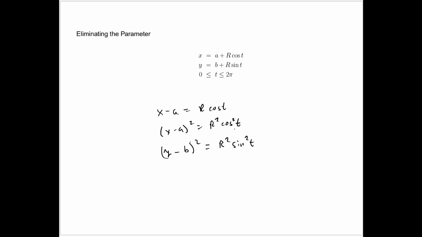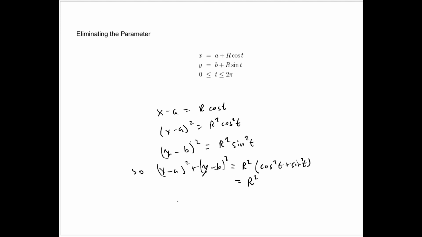And then there's this great relationship between cosine squared t and sine squared t, that their sum is always 1. So when we add (x minus a) squared plus (y minus b) squared, what we get is exactly r squared times the quantity cosine squared t plus sine squared t, which is just r squared.